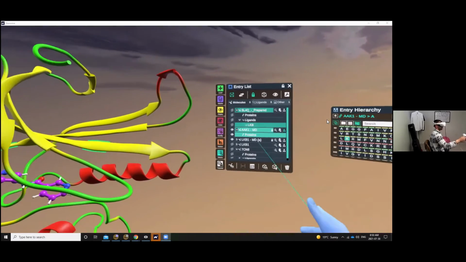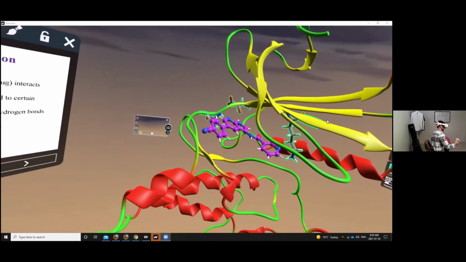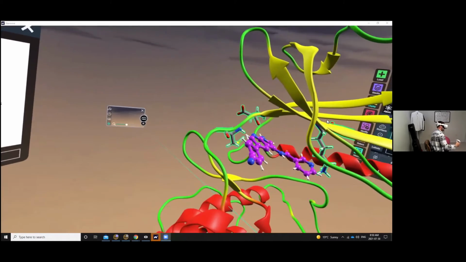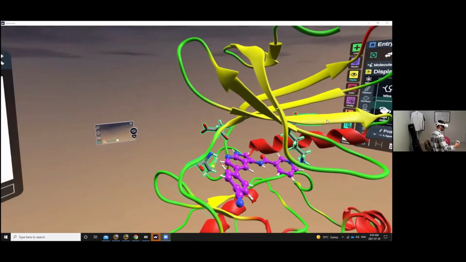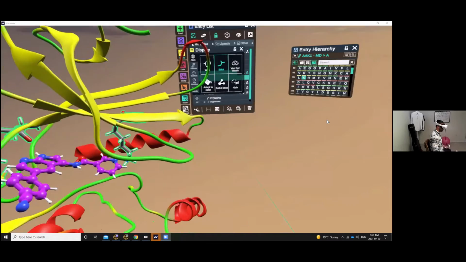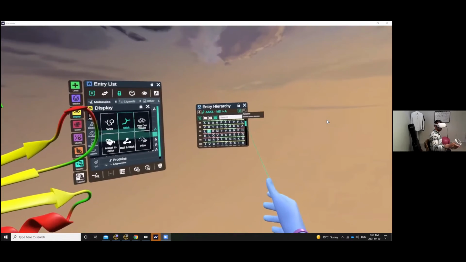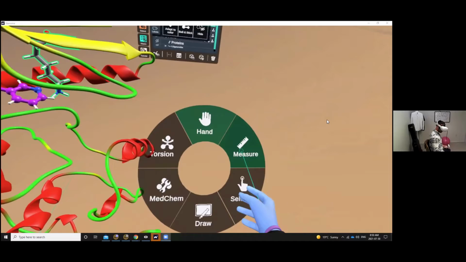So if I go to my display menu, I can display these as sticks, which is really cool. So I can show those bonds, to actually show those amino acid residues in VR, how they hydrogen bond. I'll do the following. Let's close this hierarchy menu. And let's go to measure.